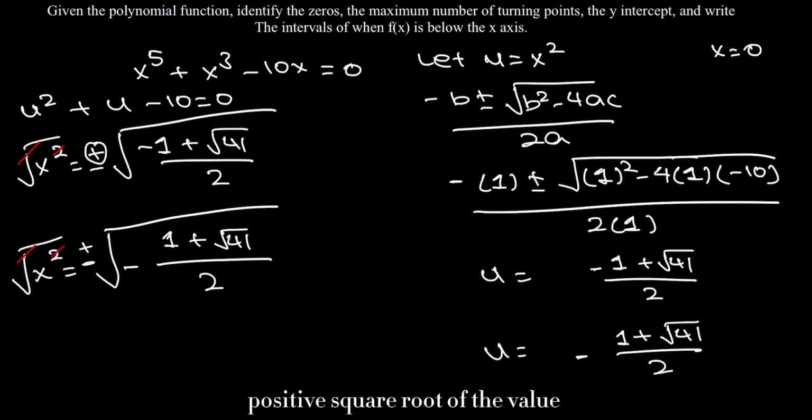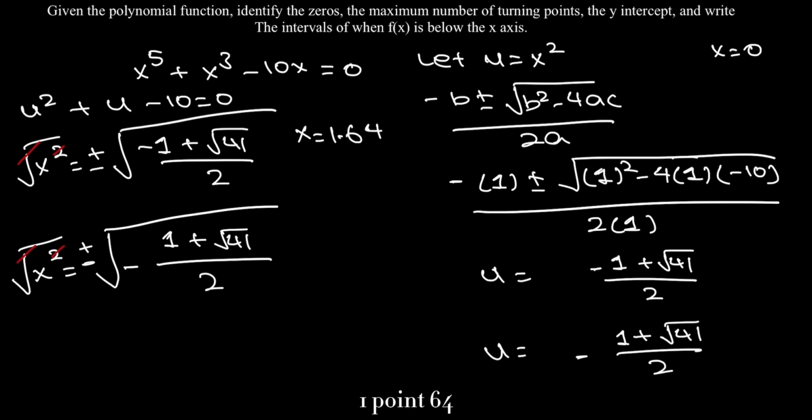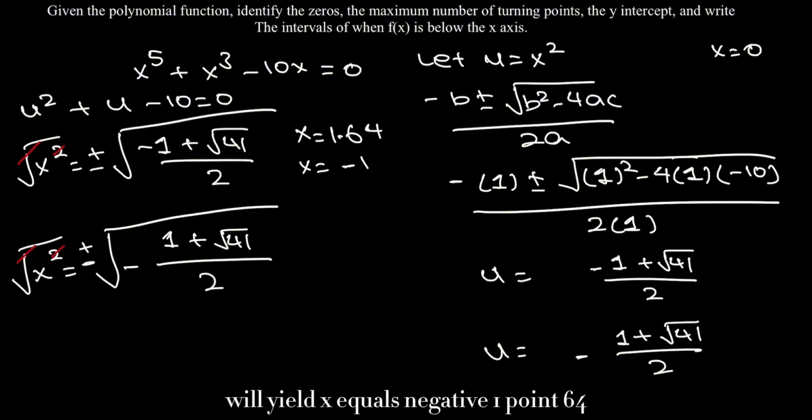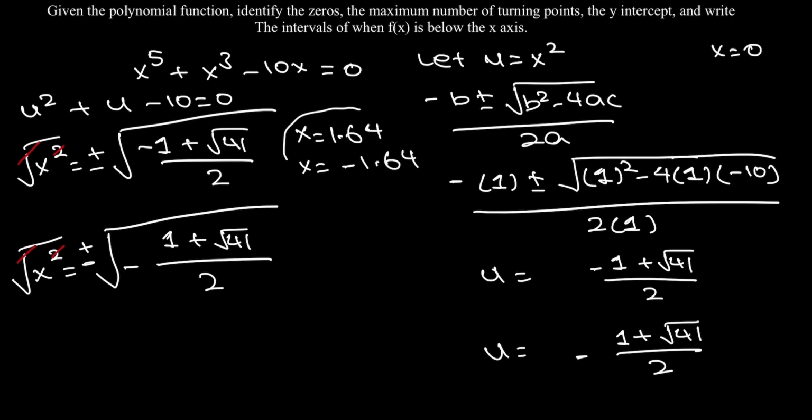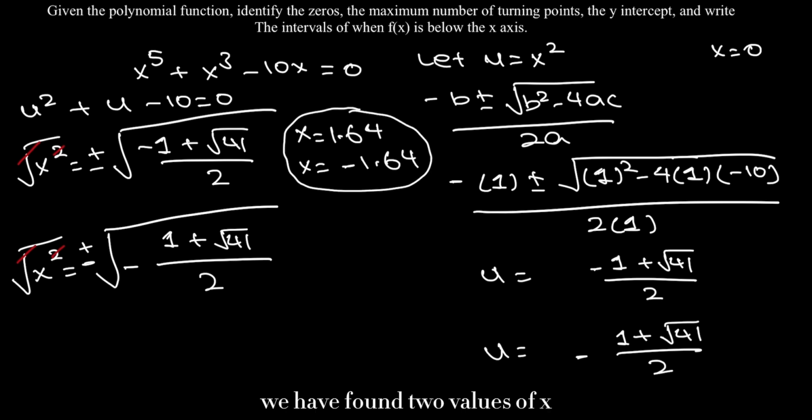Positive square root of the value will yield x equals 1.64, and negative square root of the value will yield x equals negative 1.64. We have found two values of x.